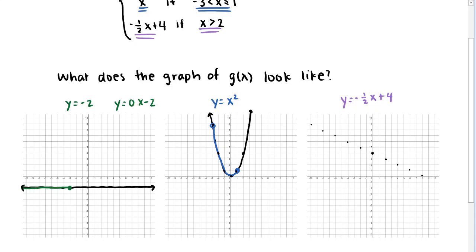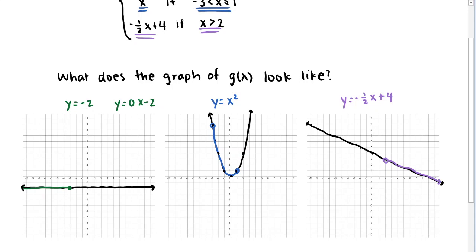And so here, the graph looks something like this. And again, we're only going to be considering this graph for points with a value of x greater than 2, not equal to 2 itself, so we're not including this point here, but everything onwards and to the right is going to belong on our piecewise function.